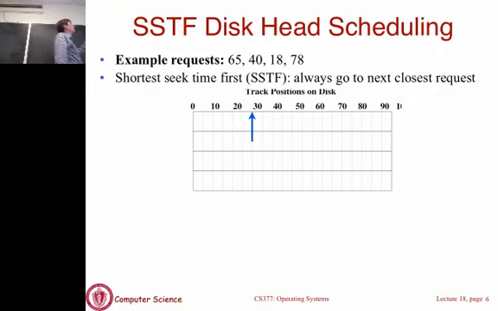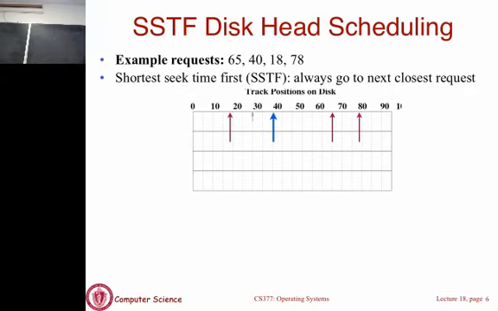Let's say that we have the same 4 disk requests, and again the disk head is starting at track 30. We have these 4 requests that all want to be serviced. So what are we going to service first? 40. Yeah, because essentially we need to consider the distance from the current head position of each of the outstanding requests.